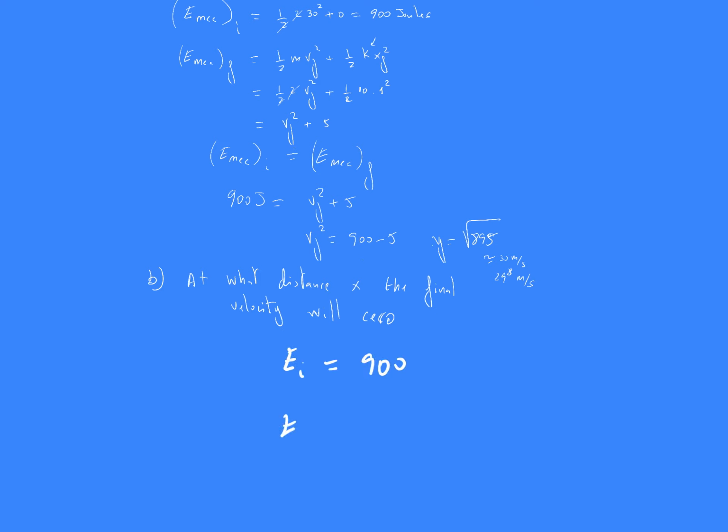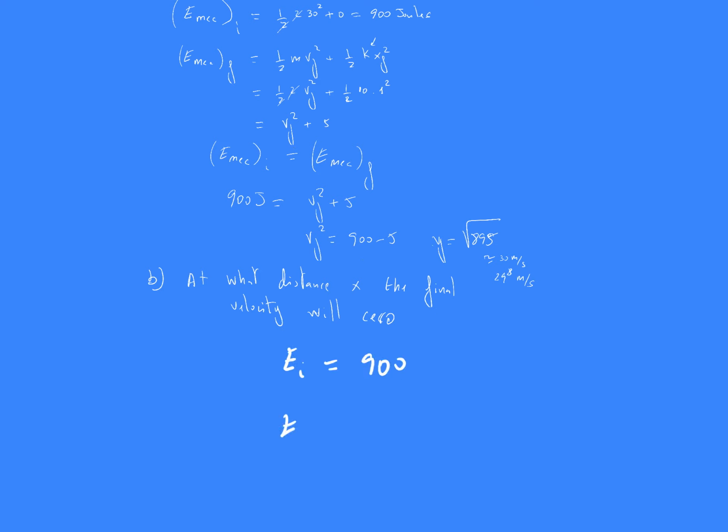And of course, if delta K is 0, it means that the net work is 0. What happens with delta U? Well, delta U will not change if there is only one force. So if delta K is 0, delta U is 0, so U will be constant.